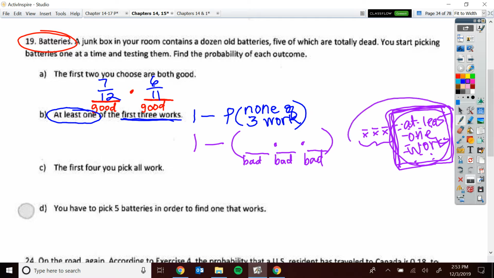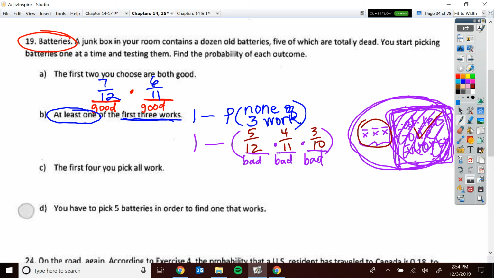So this is 100% of trials. I want to take 100%, that's one, minus this, and that gives me what's left, all of the times that at least one of them works. So how did we do this? Bad one was 5 out of 12, and so on. That was new, we hadn't really talked about not replacing it, and pulling back from some things before Thanksgiving.